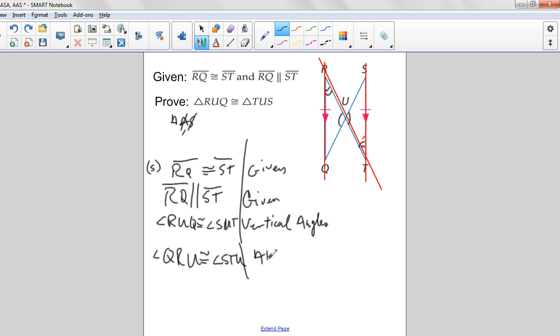The reason is alternate interior angles. And so that's our second A. So you got it, another A. We've done each part, and we can say the whole triangle RUQ is congruent to triangle TUS because of angle, angle, side. Okay?